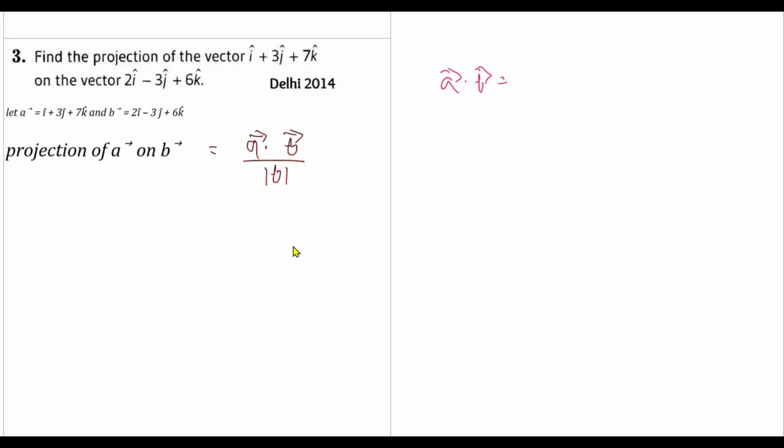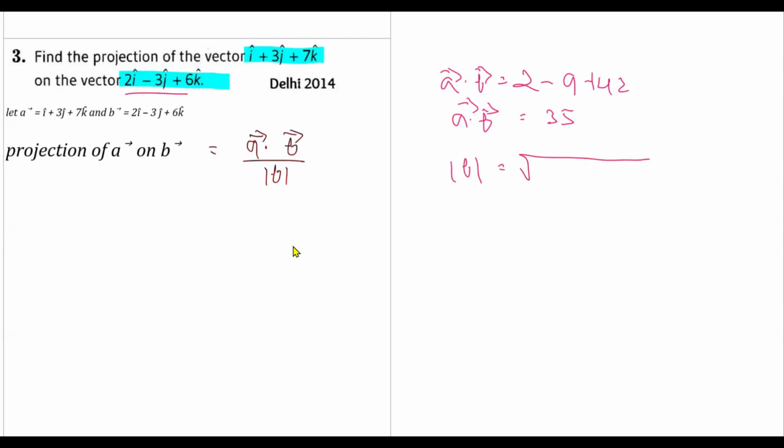So let's first find A dot B by taking the dot product of these two vectors. 2 into 1 is 2. Now 3 into minus 3 is minus 9. And 7 into 6 is positive 42. So A dot B is 2 minus 9 plus 42, which is 35. Further, we also have to get B magnitude, which is the square root of 2 square, which is 4, plus minus 3 square, which is 9, plus 6 square, which is 36.